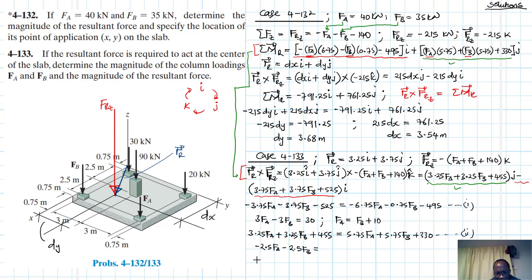This is equal to, that's the 330 minus 455. This gives us a minus 125.